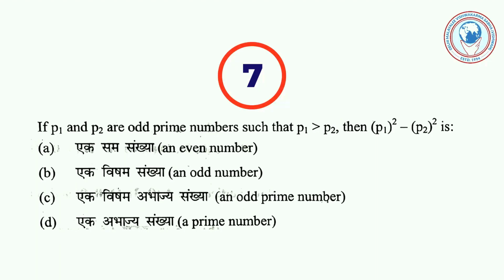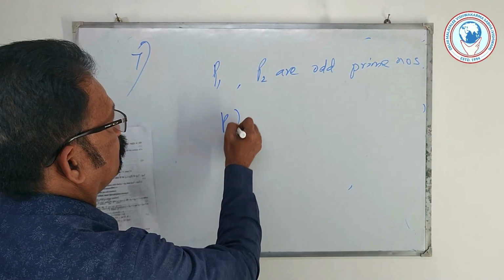Now question number 7. If P1 and P2 are odd prime numbers such that P1 greater than P2, then P1 square minus P2 square will be.